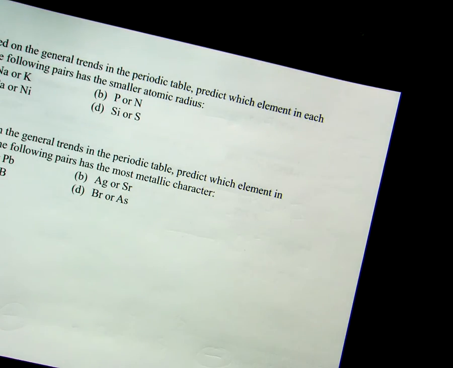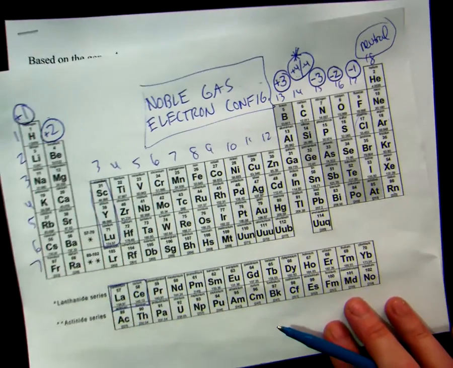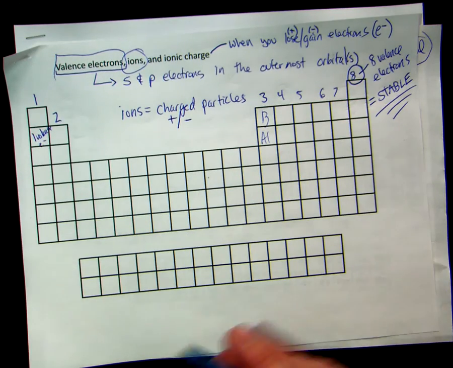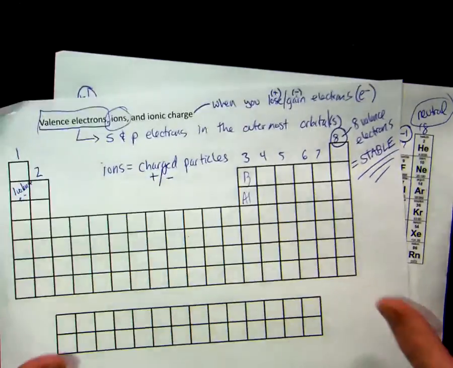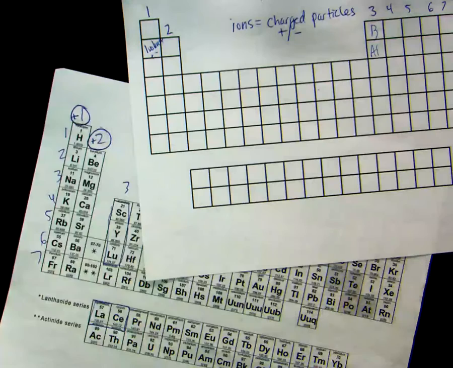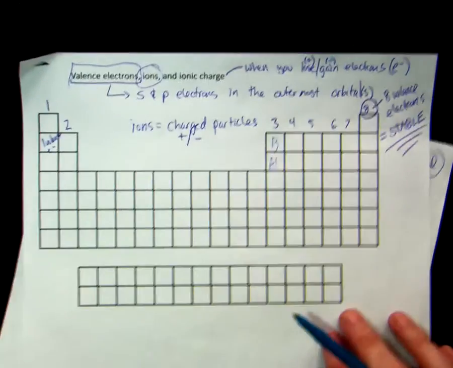All right, so now we are just going to see how good you guys can follow trends. Now, I'm going to use this sheet right here just to show you you don't need to have the actual periodic table in front of you to solve this.